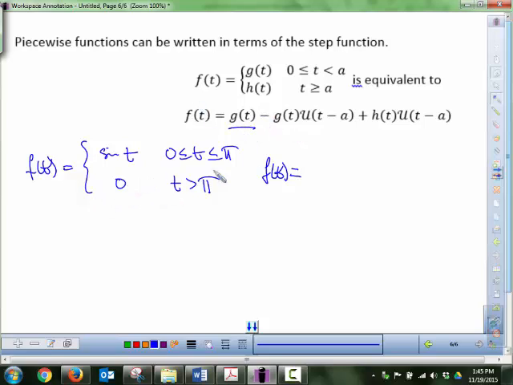Well, that's just sine t minus sine t u of t minus pi plus, well, h is 0, so that's just 0 contribution, so that's it. So this is going to be my function: sine t minus sine t times the Heaviside function shifted at pi. That's going to be the way I can write this.